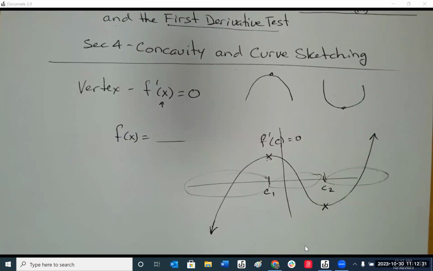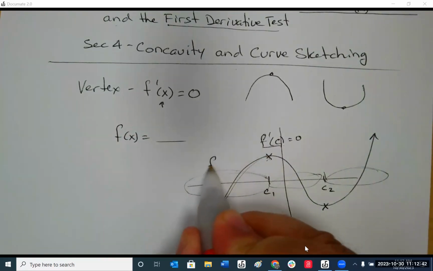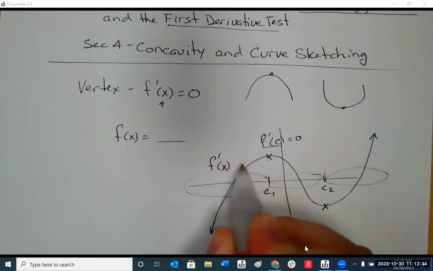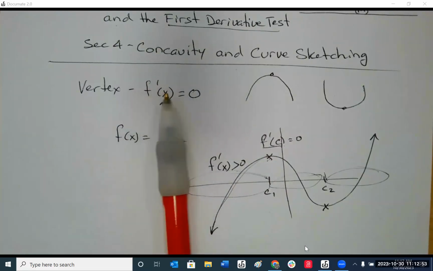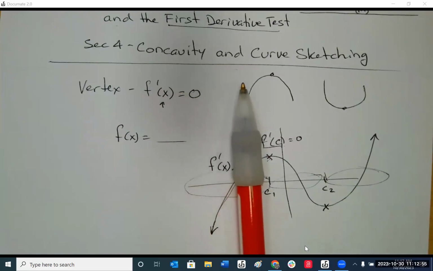Negative. Well, yeah, but more so since we're talking about the first derivative, what will we find over here? The first derivative of these x values are all positive. Why are they positive? Because going from left to right, that graph is going up. It's getting higher and higher and higher.